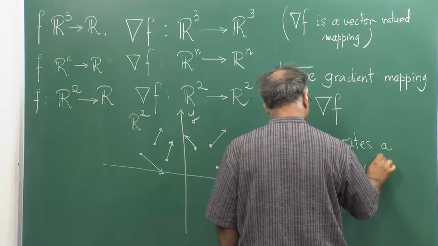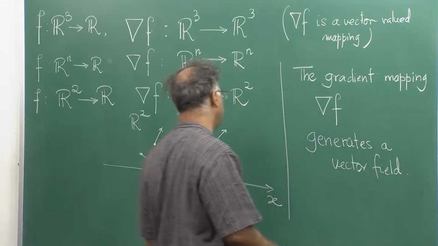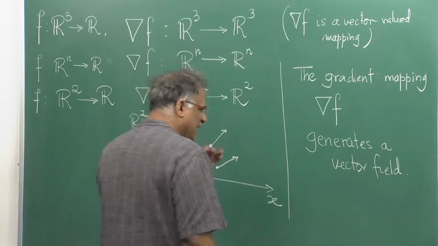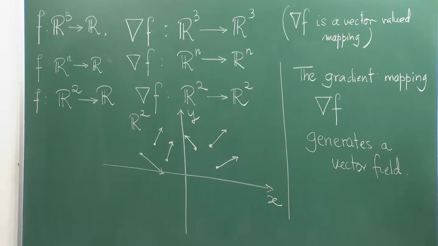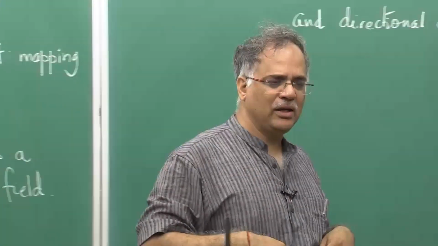Why this name field? This name has stuck from the time when Faraday thought about the electric field, that at every point in space there is a charge. So, as if the charge seems to flow from one point of the space to another.